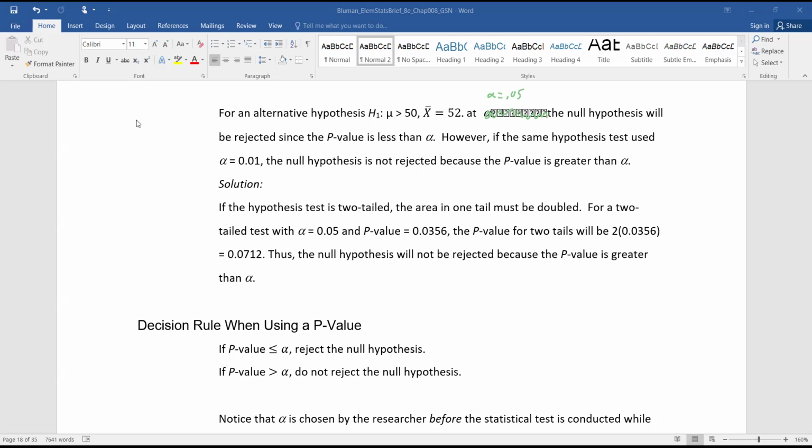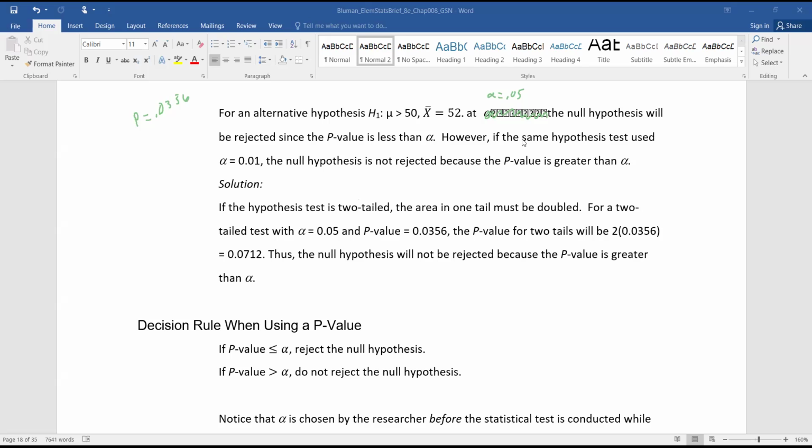Since we got a p-value from the previous statement of 0.0356, and this ended up being less than 0.05, we can reject the null hypothesis, because we're good with a 5% probability. Our p-value basically came out and said you have a 3.56% chance of being wrong. So now we're like, all right, we like those odds. We're going to reject the null hypothesis. All right, so that's another way to look at it.